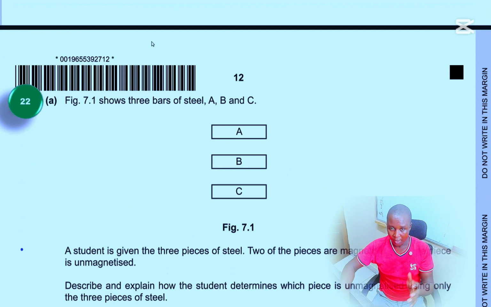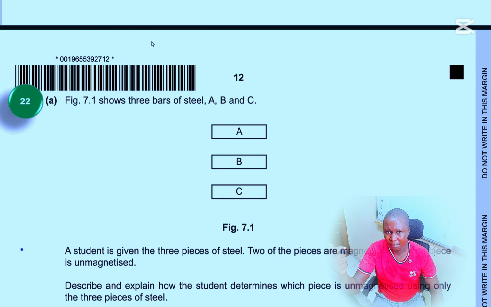The concept of magnetism. Under magnetism, you need to understand how to define magnetic materials and non-magnetic materials. Magnetic materials are those which are attracted by magnets, and non-magnetic materials are those which are not attracted by magnets. You also need to understand different examples of these.